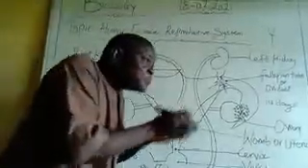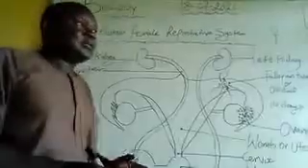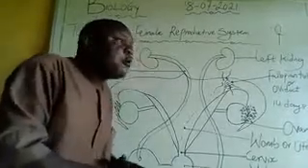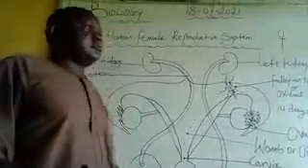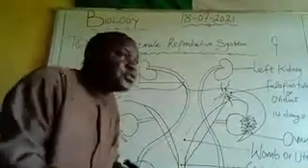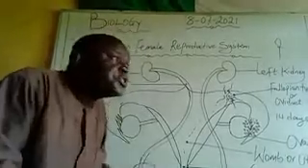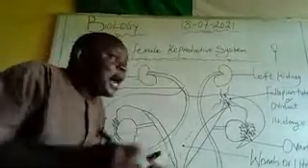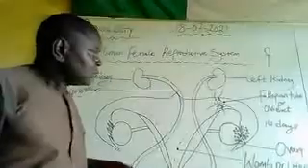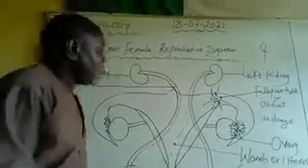The head of the sperm has a nucleus which contains DNA, deoxyribonucleic acid. It contains hereditary materials, hereditary characteristics.